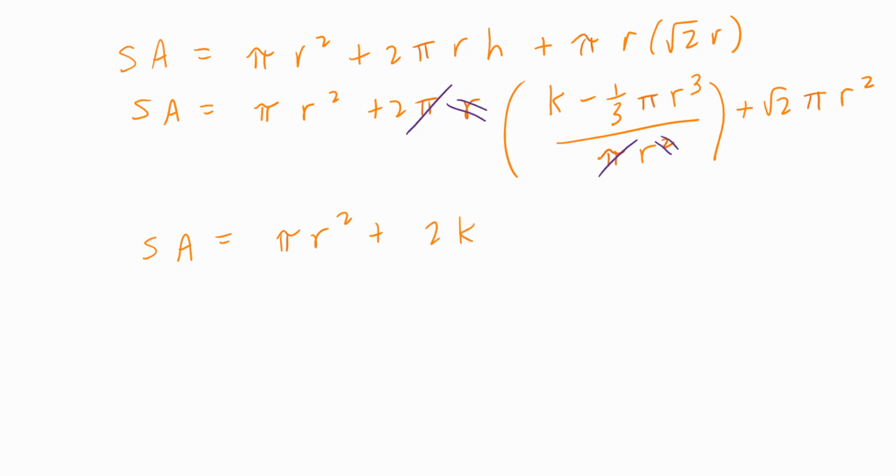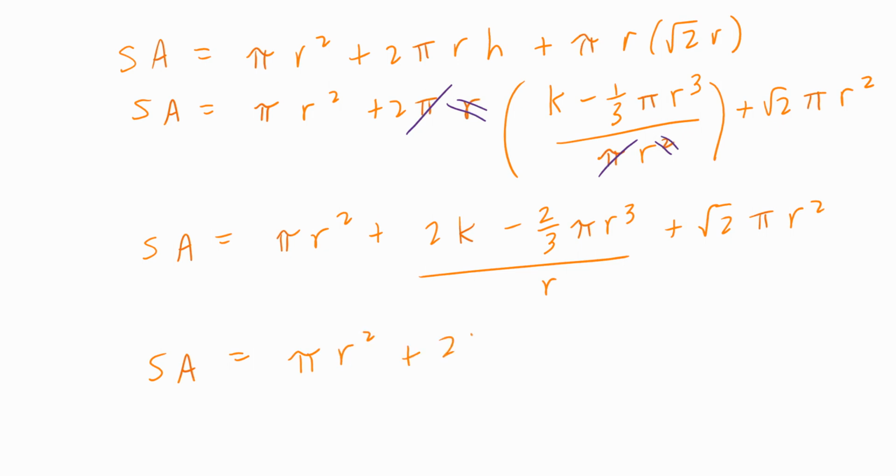Nobody's left behind. 2k minus 2 over 3 pi r cubed all over r plus root 2 r squared. Again, let's keep going. This equals pi r squared plus 2k divided by r minus 2 pi r cubed divided by 3r.